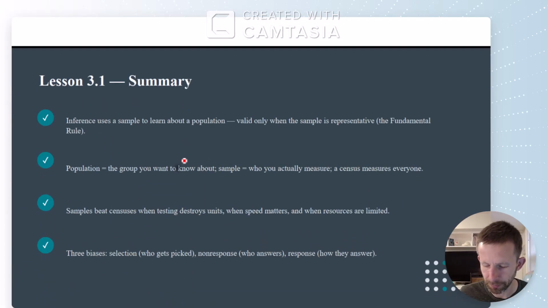Summary. Inference uses a sample to learn about a population. The sample describes a population only if the sample is representative of the population. Population is the group you want to know about. Sample is who you actually measure. And a census measures everyone.